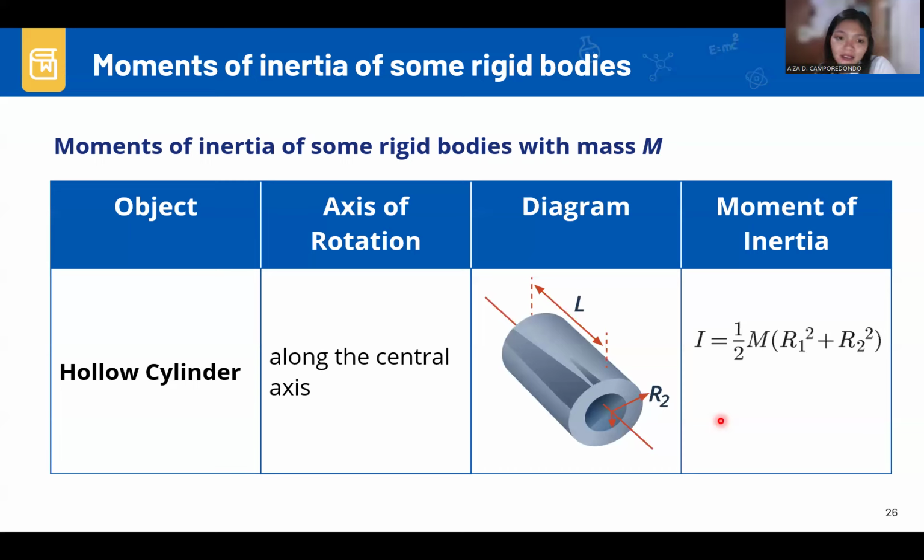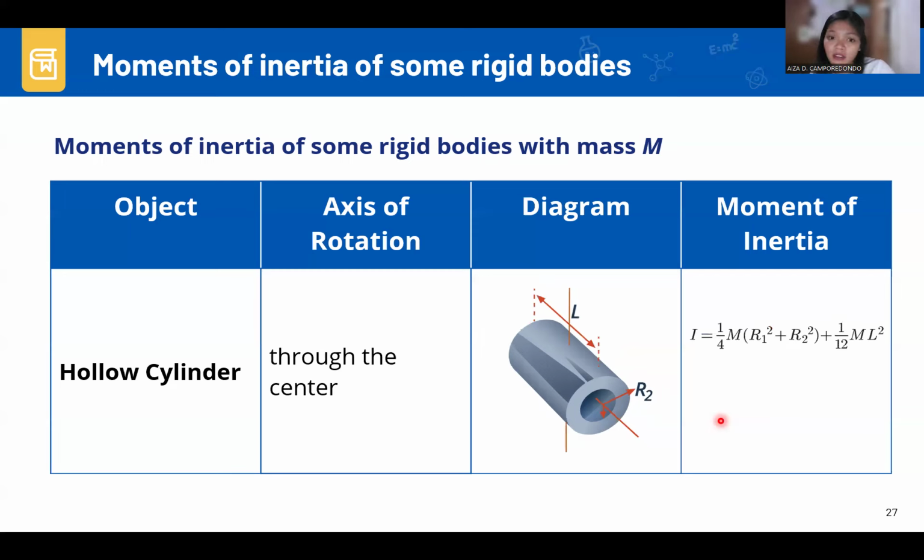For a hollow cylinder with an axis of rotation along the central axis, we're going to use the moment of inertia is equal to 1/2 mass multiplied by r1 squared plus r2 squared.